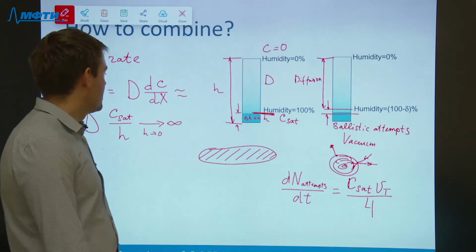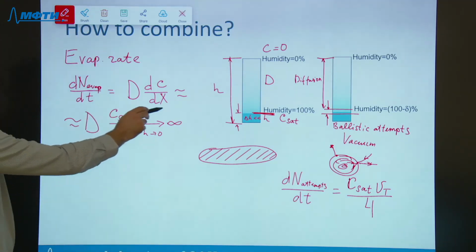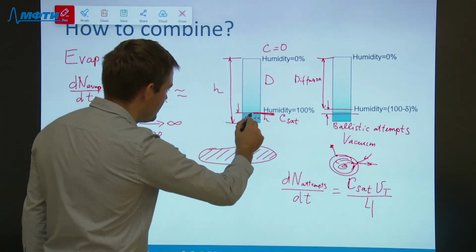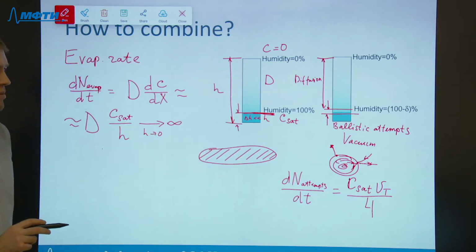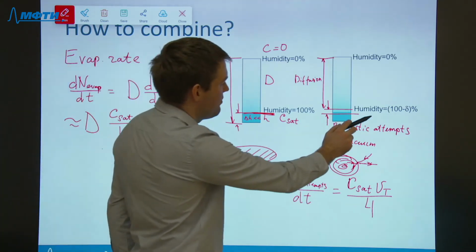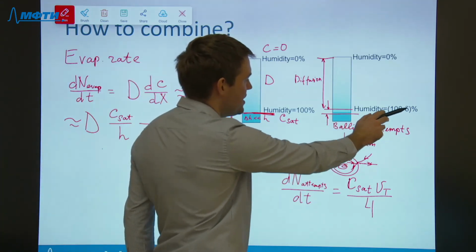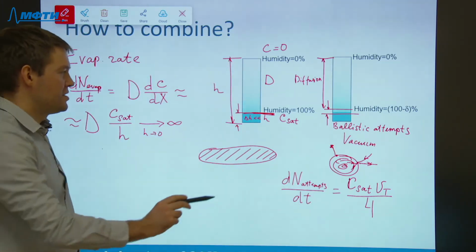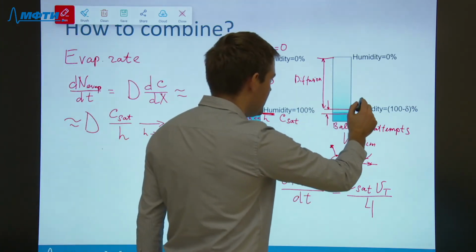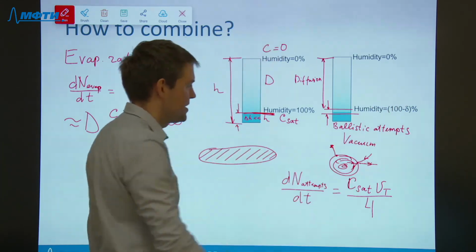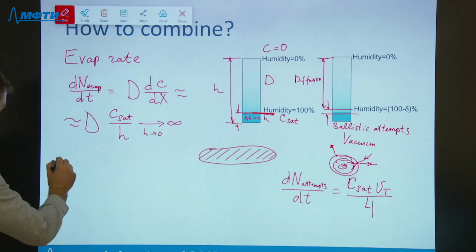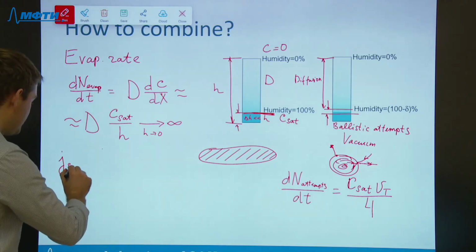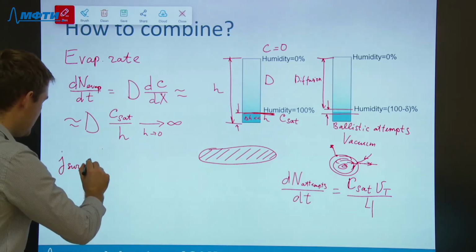We can solve the diffusion equation not with the boundary condition of saturated vapor at the upper surface, but we assume that the level of saturation is slightly below 100% here.